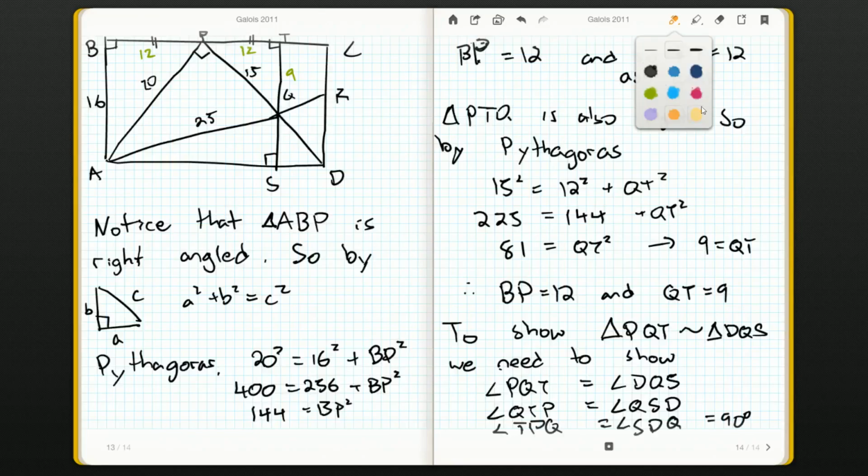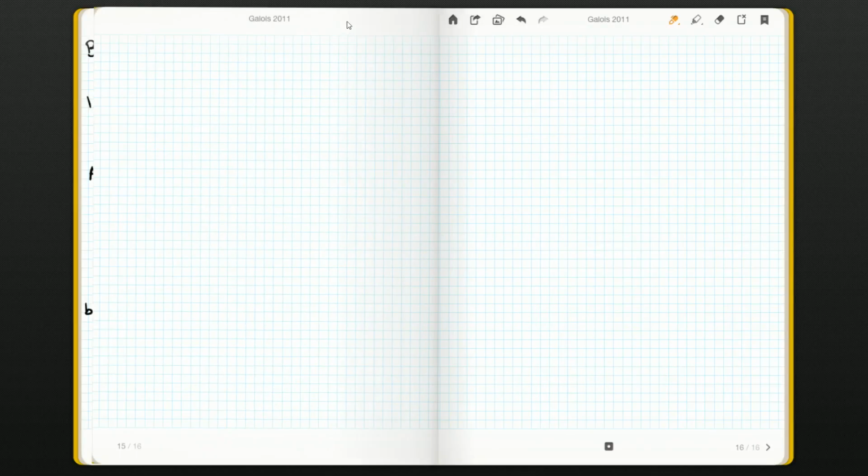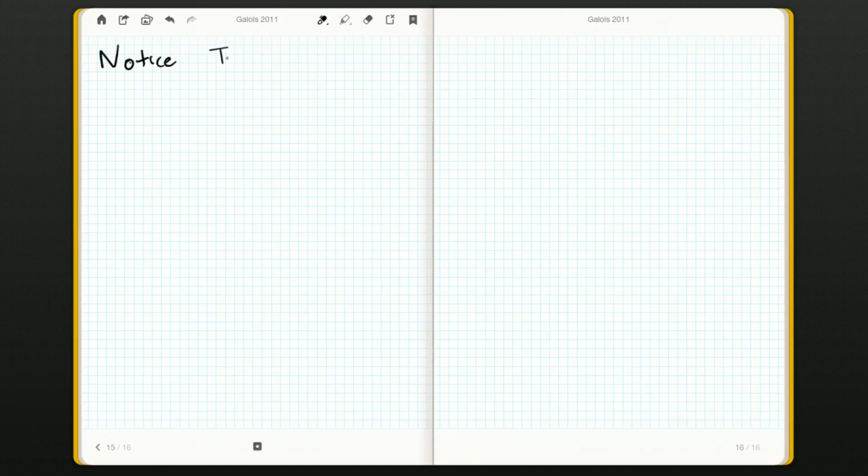Now, if I take a look right here, these two angles are going to be equal to one another. The reason being, TS and PD intersect at Q. So we'll just explain that over here. Right, TS and PD.